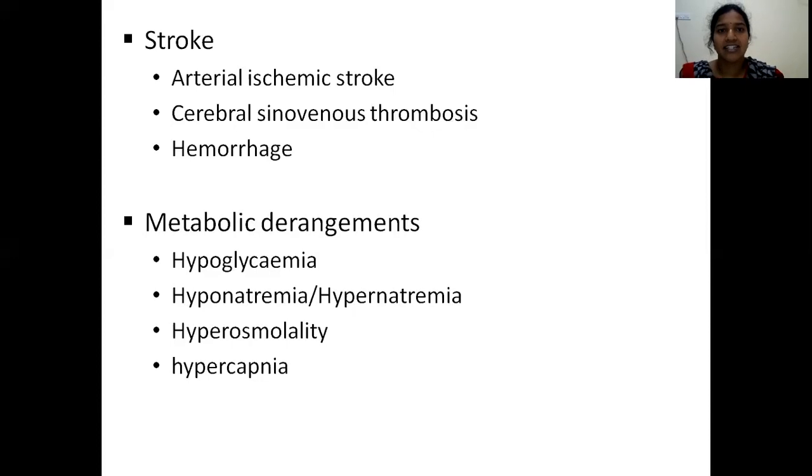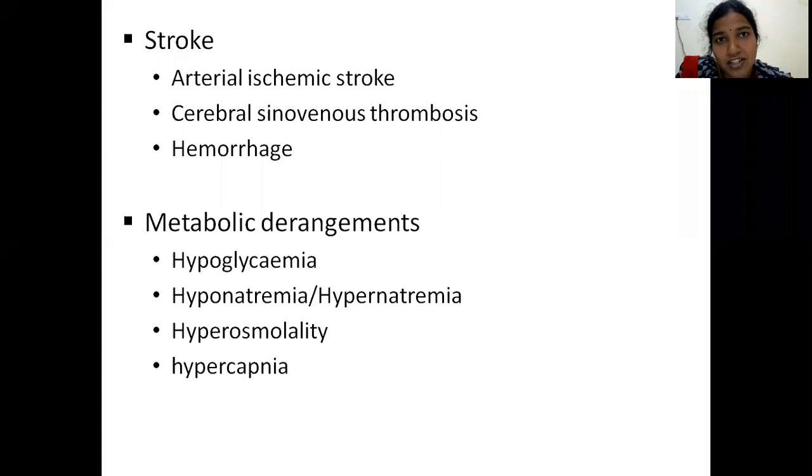So stroke: arterial ischemic stroke, and sinovenous thrombosis and hemorrhage. Stroke is usually not very prevalent in the pediatric age group, but it does occur. It is very rare. Okay, and metabolic derangements, as in hypoglycemia, hyponatremia, hyperosmolality, and hypercapnia.